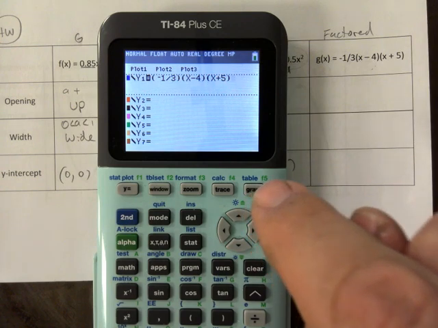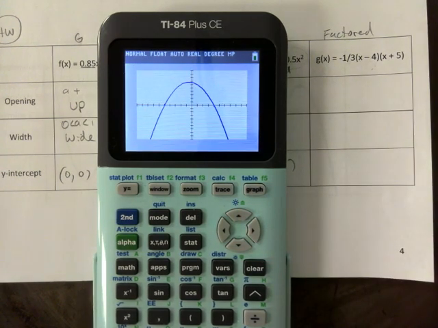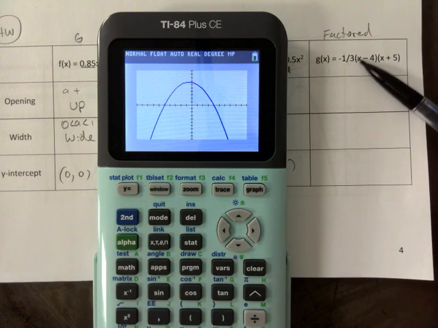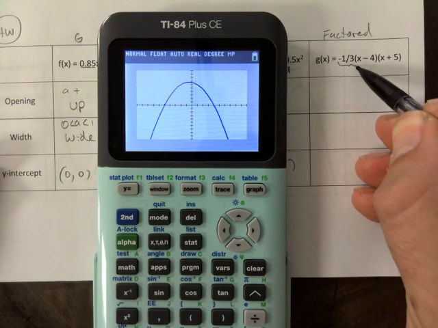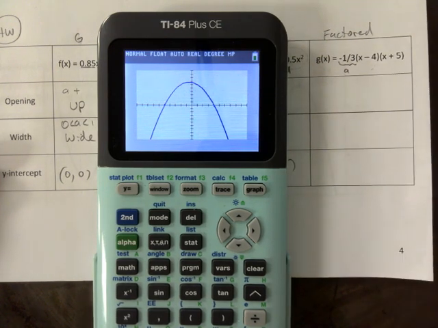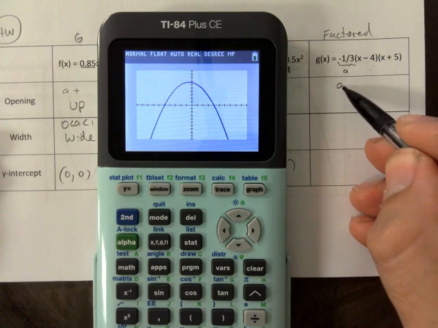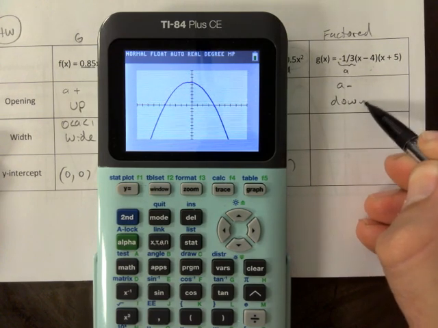Hit graph. Beautiful, right? Did we know it was going to point down? This is A here. Let's make a note of that. This is the value for A. A is present in all forms, right? So here we go. A is negative, so we knew it was going to point down.